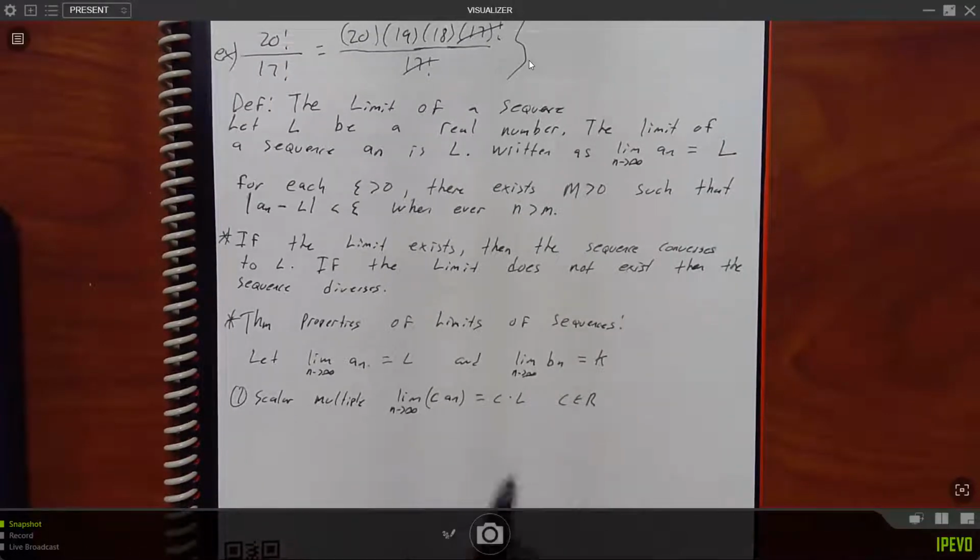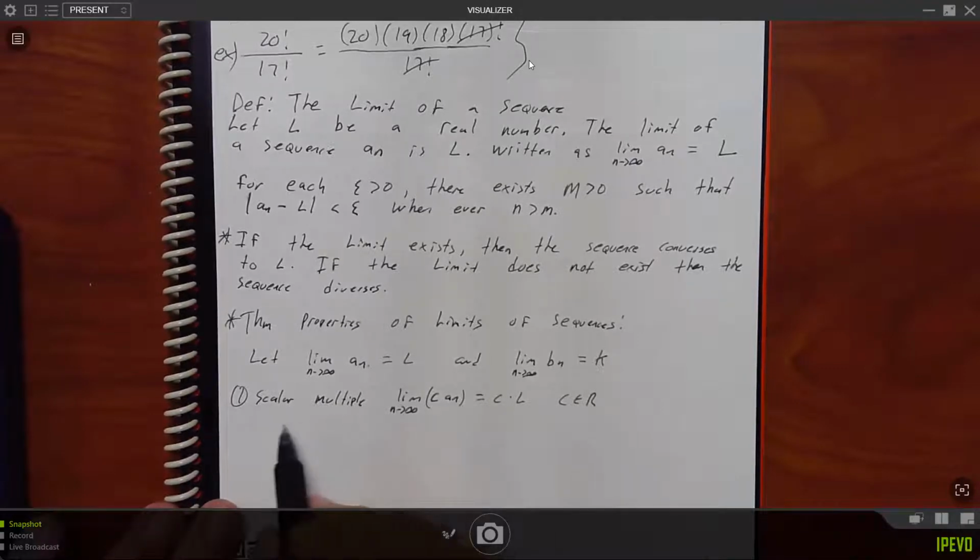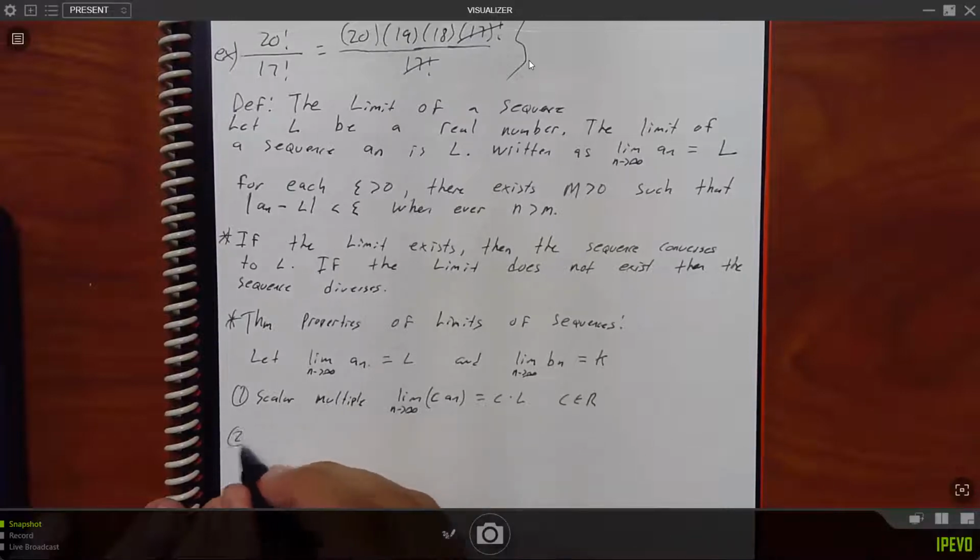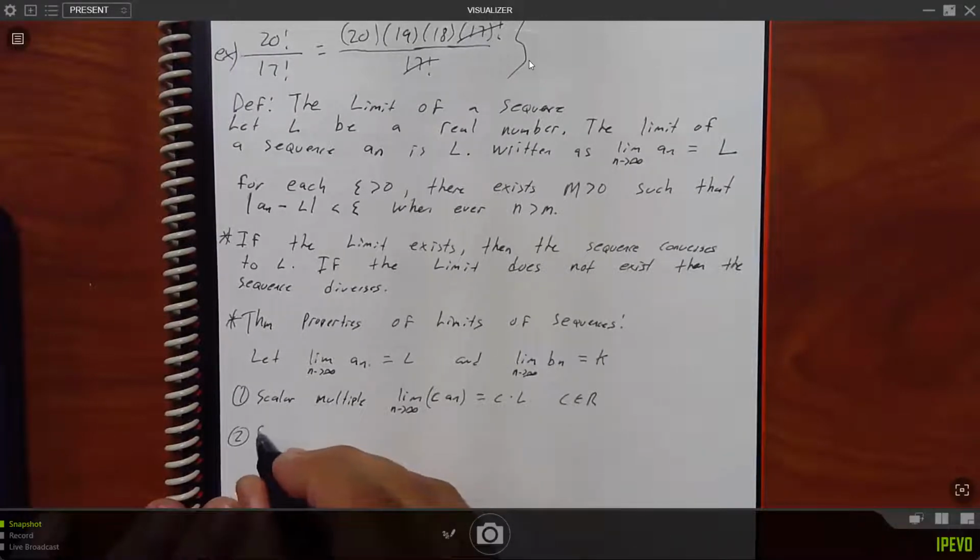Basically, if the limit is equal to L and you have some number on it, you just multiply that number on it. So that's what scalar multiple is. You can also pull the C out here technically. We're not going to do that.